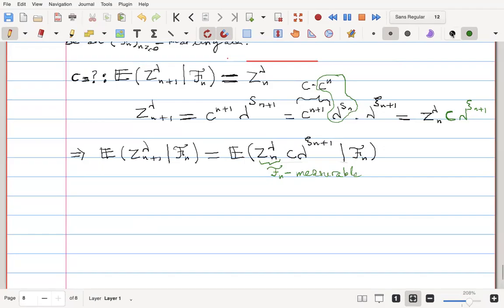So we will get C and then Zn lambda. And this is the conditional expectation of lambda psi n plus 1 given Fn, for the same reason that I mentioned above.